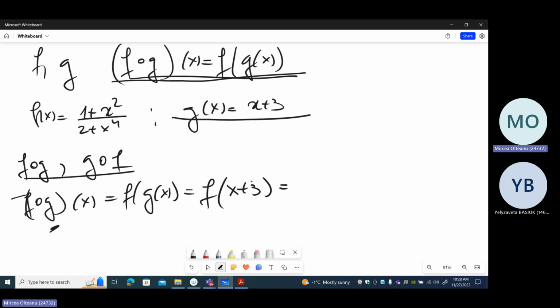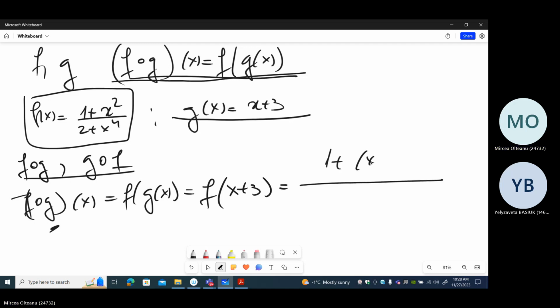And now we compute f of x plus 3. F is given by this formula, but here is written f of x. F of x plus 3 means the following. Everywhere instead of x, we put x plus 3. So it will be 1 plus x plus 3 squared over 2 plus x plus 3 at the power 4. This is the composition f composed with g.